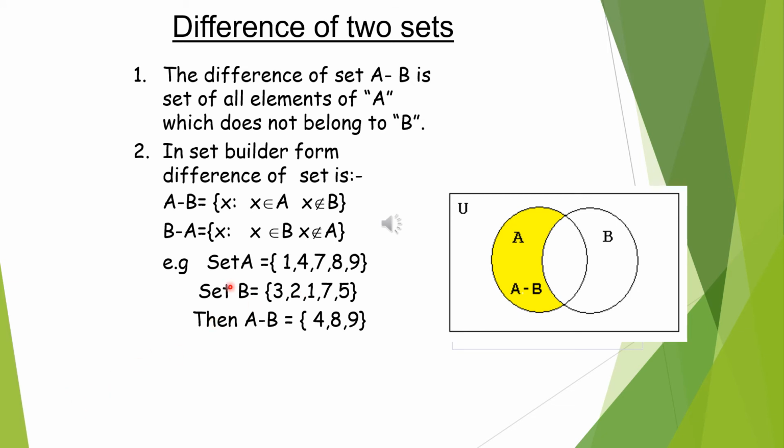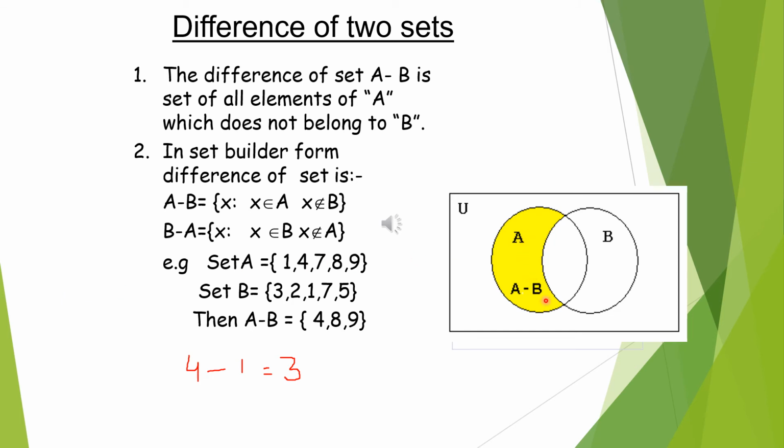Now next property is the difference of two sets. Like we do simple arithmetic subtraction, like 4 minus 2, you will write 2. 4 minus 1 you will write 3. It means we removed 1 from 4. Right? In the same manner we will do A minus B. If we remove the elements of B from A, what are the remaining elements of A?